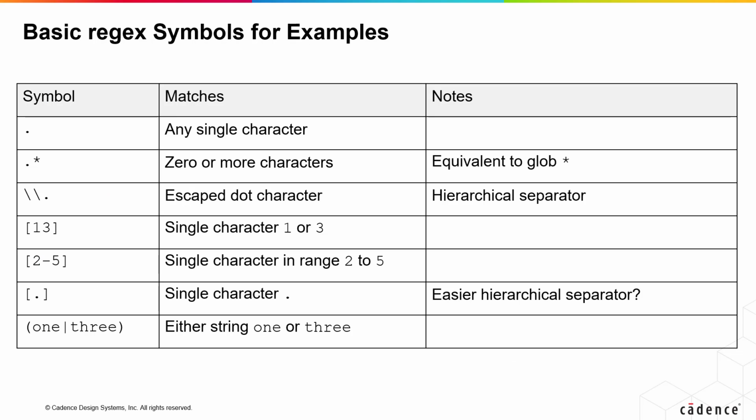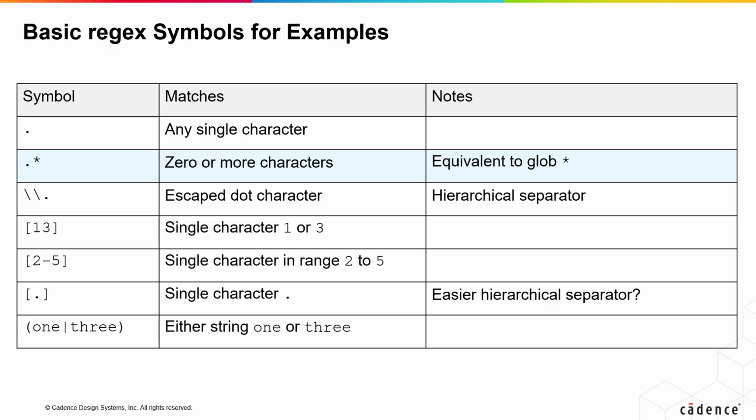I'm not going to describe regex syntax, however there are some simple symbols we will use in the demo. In regex, a dot defines any single character, which you can modify using, for example, star to match 0 or more characters. So dot star is equivalent to glob star.